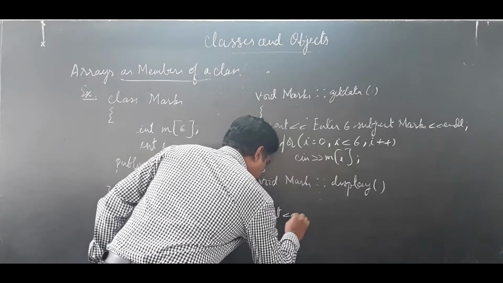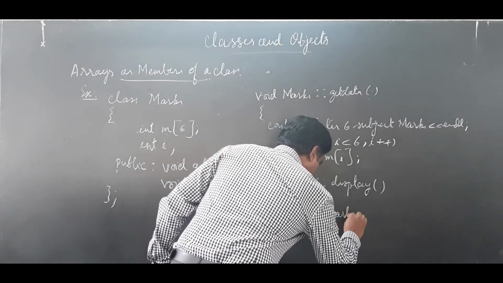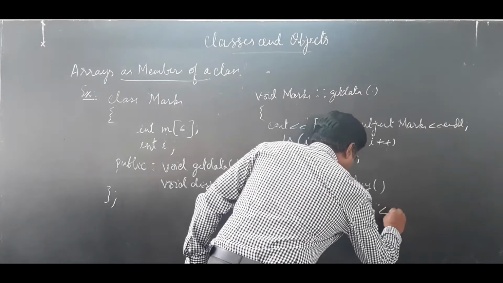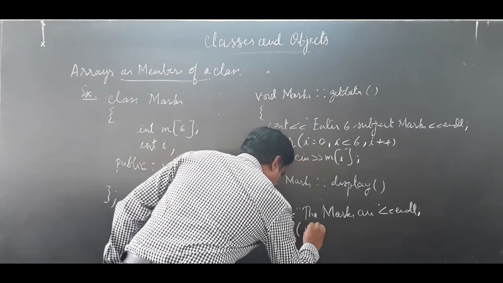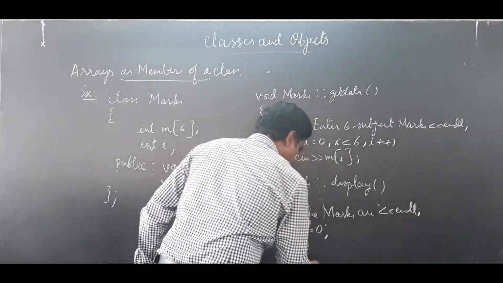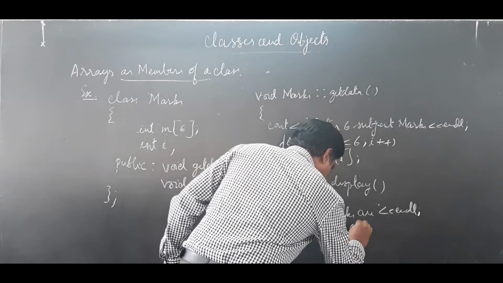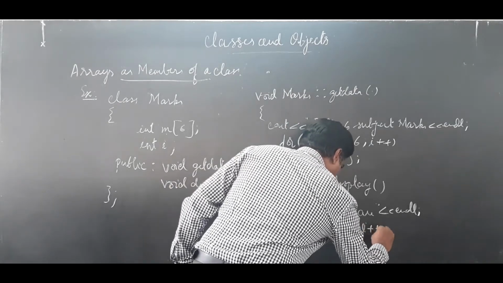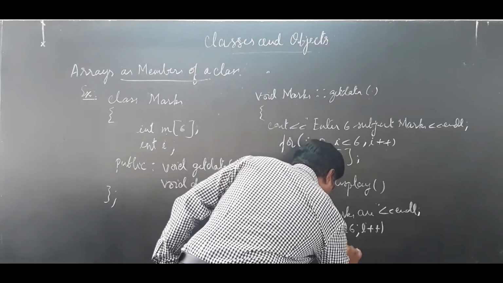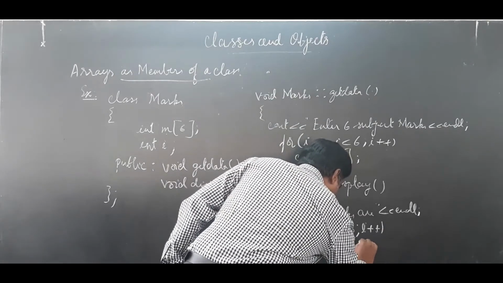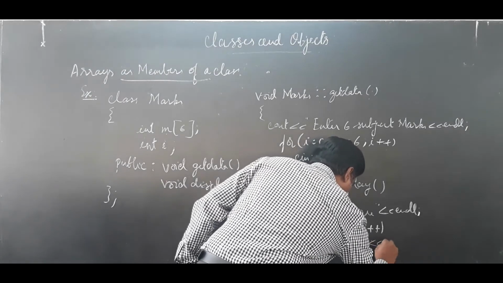Cout, the marks are, then I take endl. For i equals 0, because we are printing from an array. For i equals 0, i less than 6, that is 6 subject marks. So cout, I take m of i, and then 6 subjects will be printed one after the other.